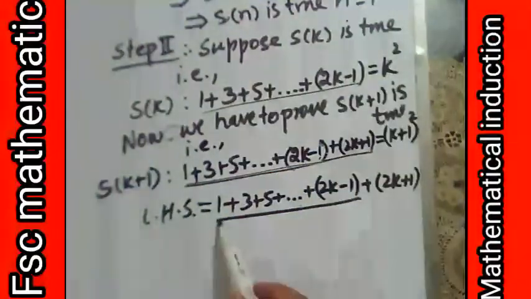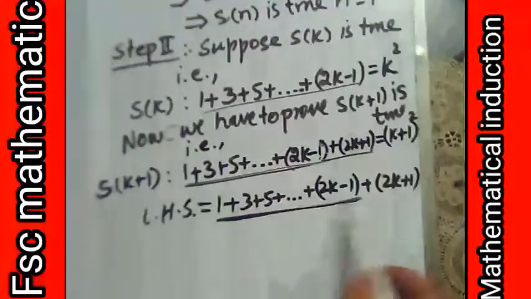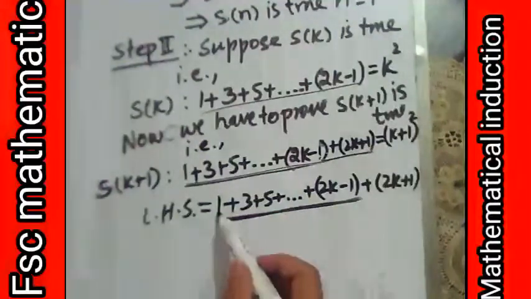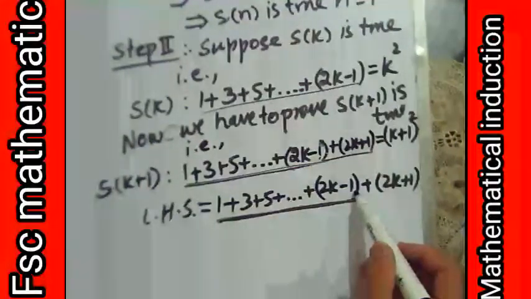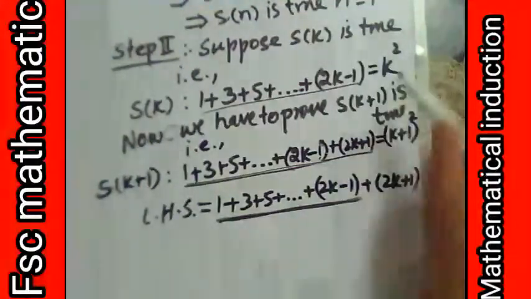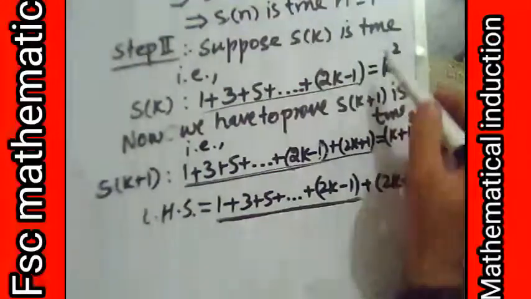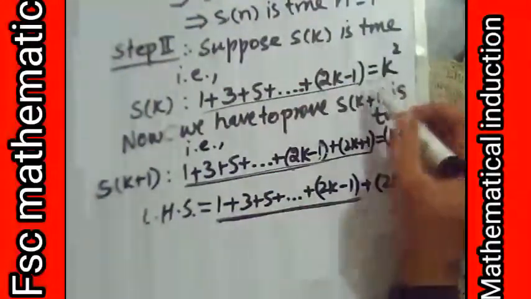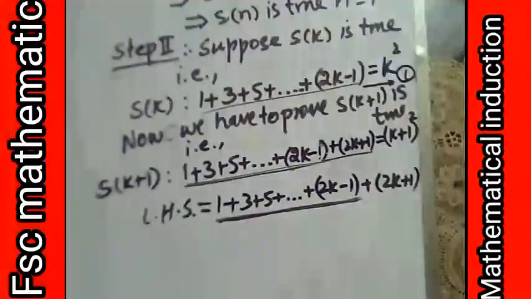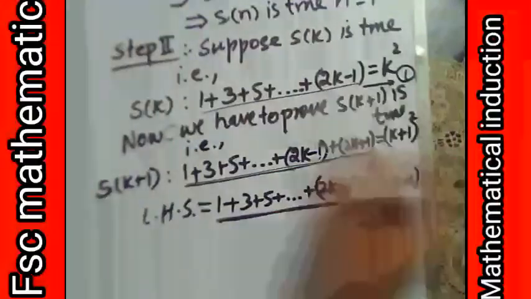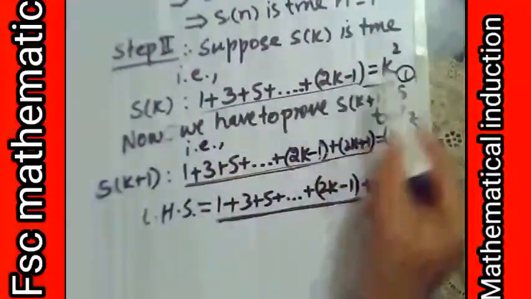If we can replace all these k terms by their sum, which is given by this statement which we name 1, we will use it here. It gives us sum of k terms equal to k square.